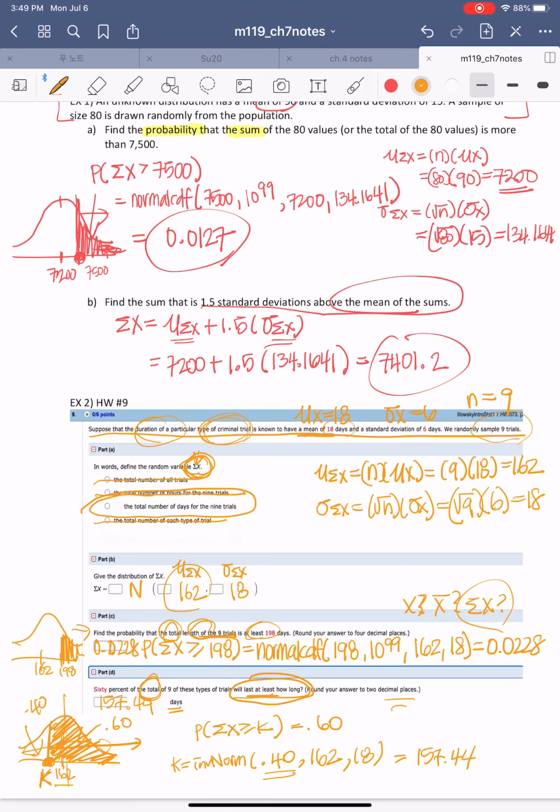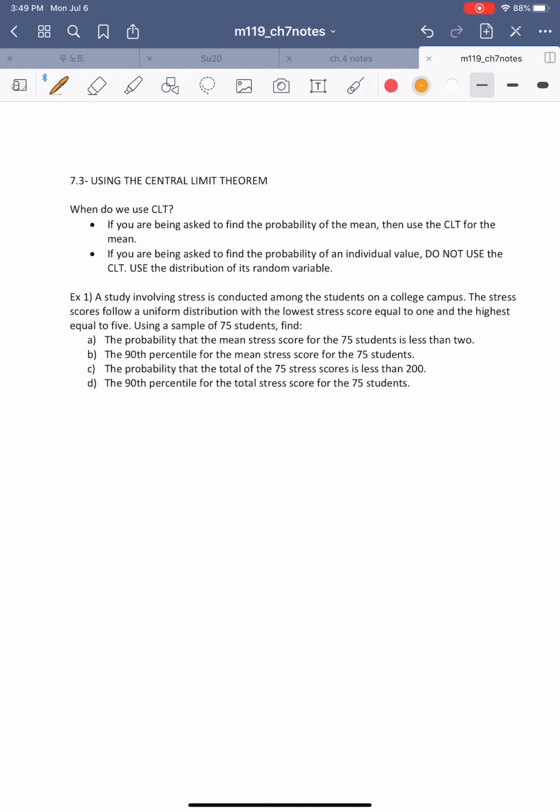Now 7.3 is not difficult. 7.3 is a review of chapter 7.1 and 7.2. It just gives you a problem, kind of mixes it up. In 7.1, we looked at the mean, right? And the mean.